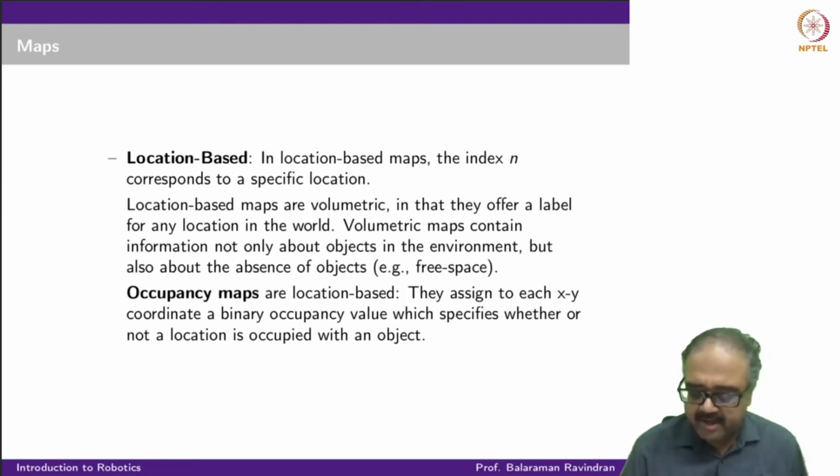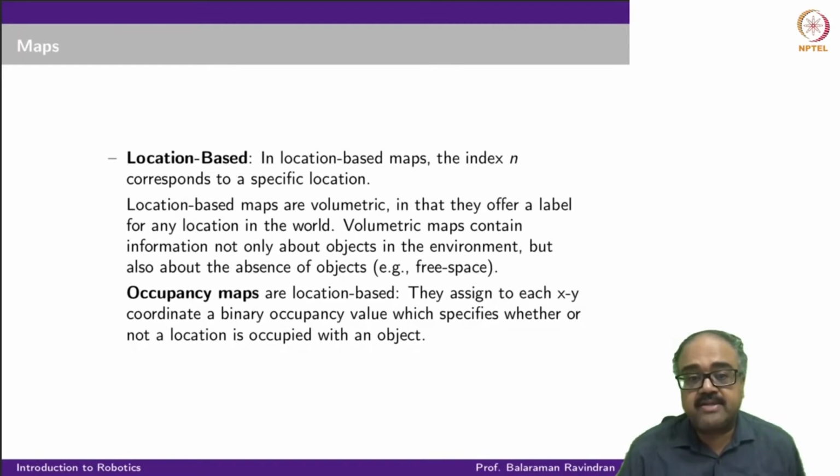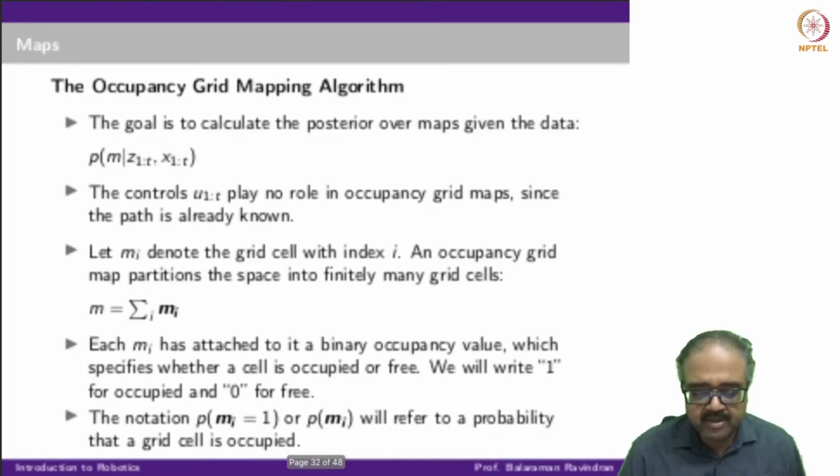You'll see it later in one of the slides. For each cell in the grid, we assign an occupancy value, as opposed to assigning it for each xy coordinate, because in a continuous space that is not really a practical approach. So we discretize the state space and make it into a grid, and that is why occupancy maps are also called occupancy grids.